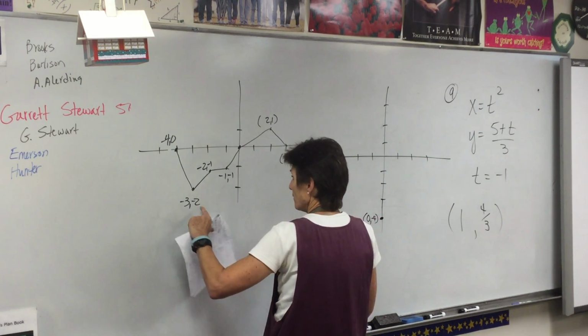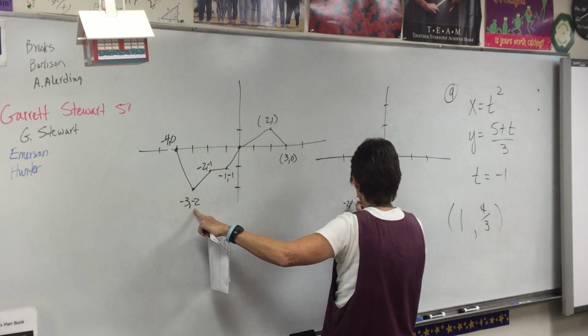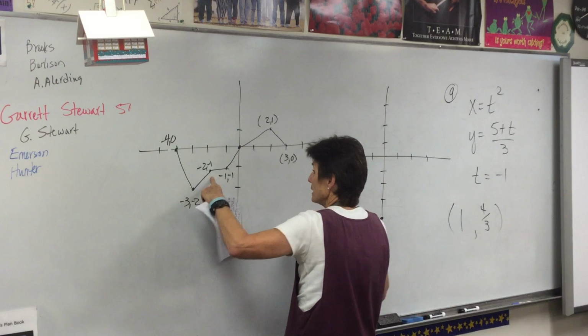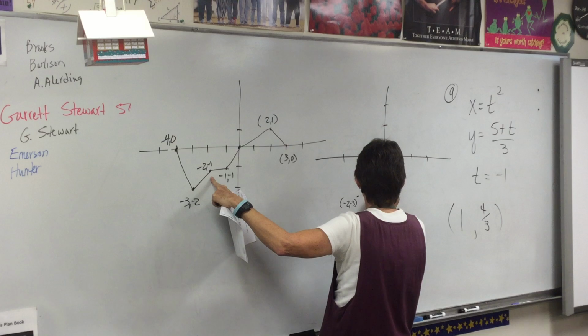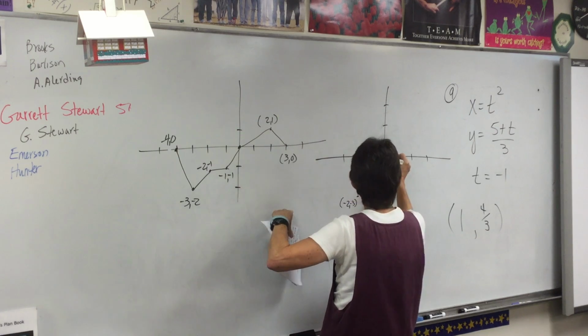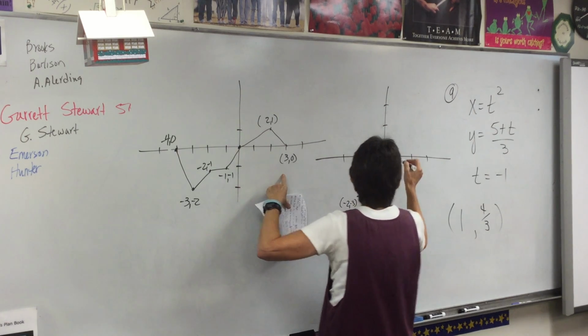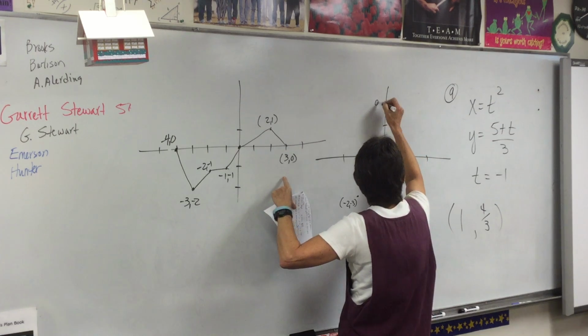And then we'll have -2, -3, -1, -2, -3, -1 won't change. 0, 0 won't change. 1, 2, and 0, 3.